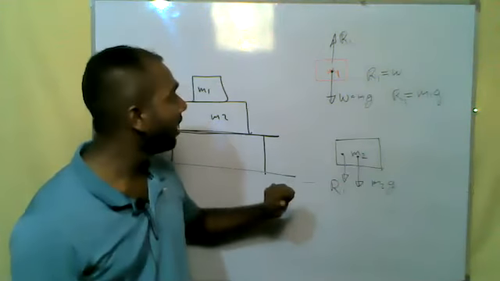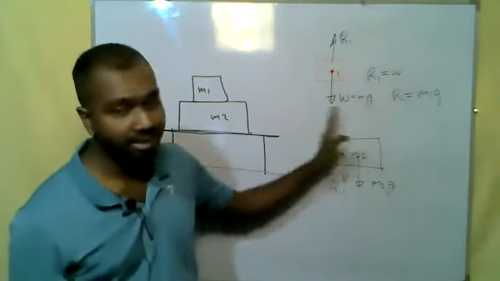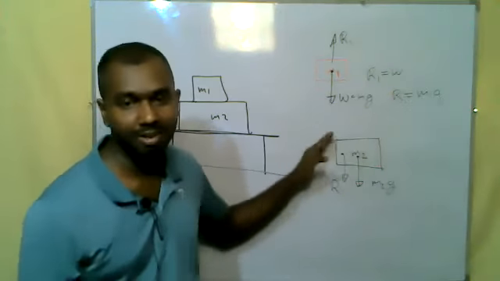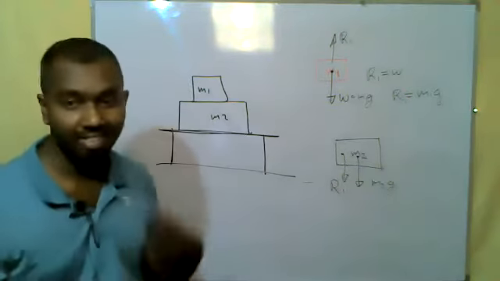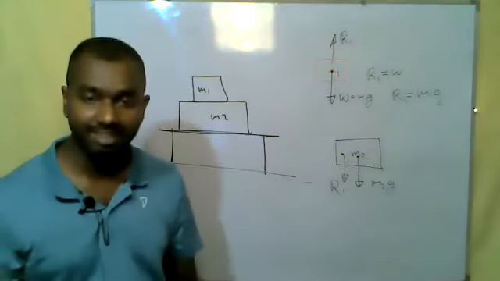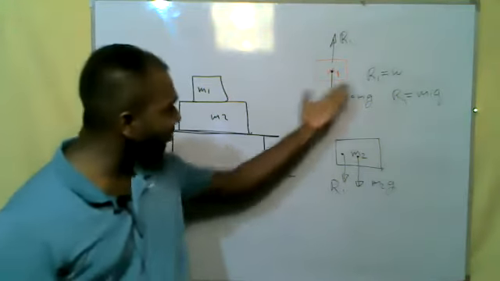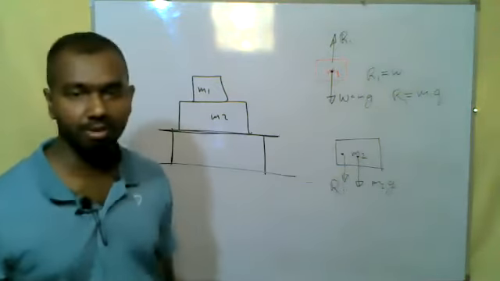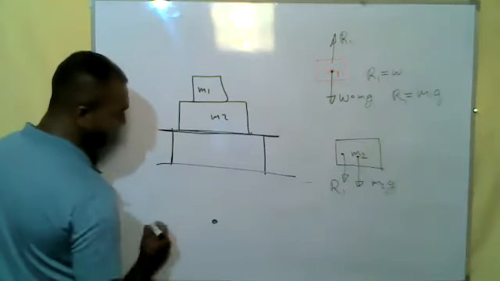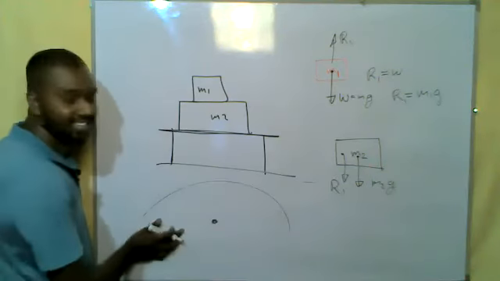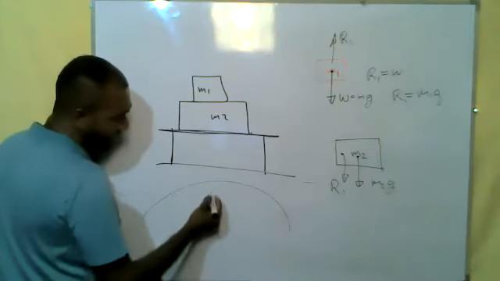So what about this weight? Where is the reaction for this force, the weight? There should be some counter force for this one also. If we consider the earth, that force will come from the center of the earth.